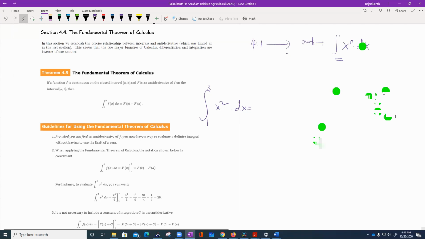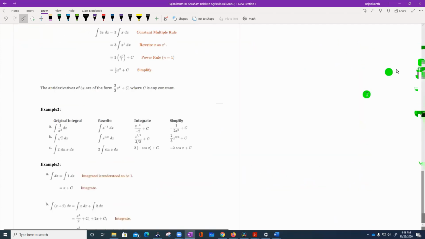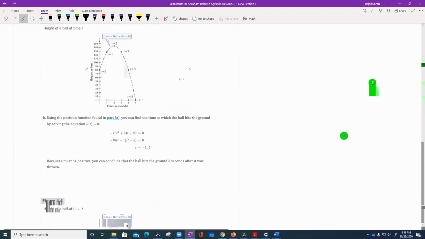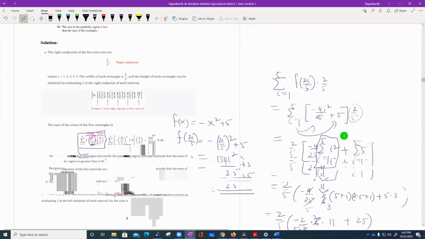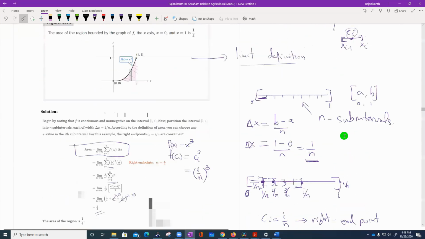Like derivatives, here also you have the power rule for antiderivatives. You add 1 to the exponent, and then divide by 1 plus the exponent. So this equals x to the n plus 1 over n plus 1.